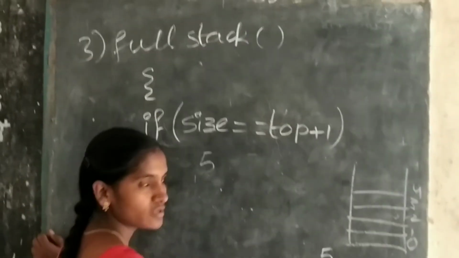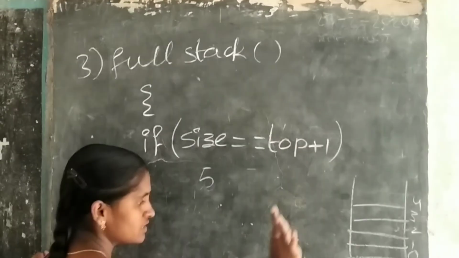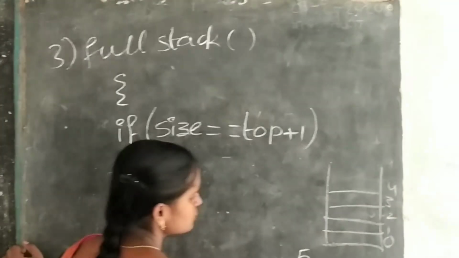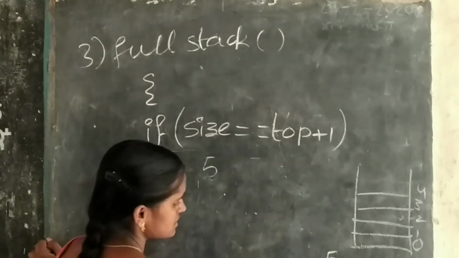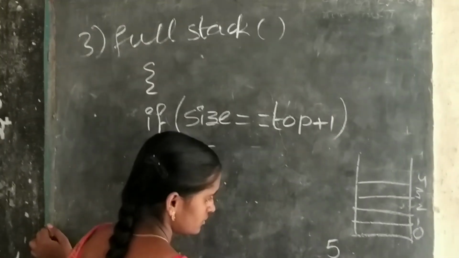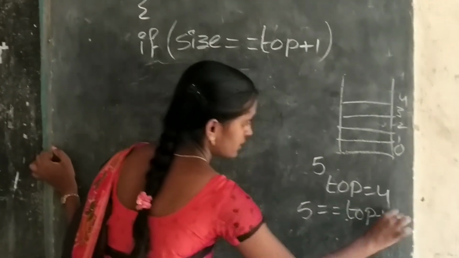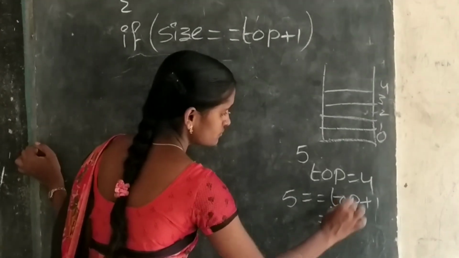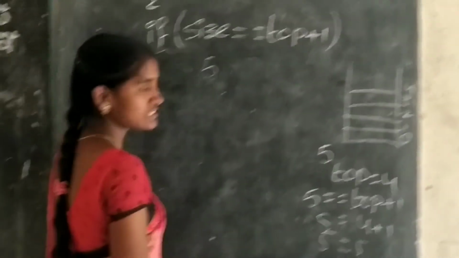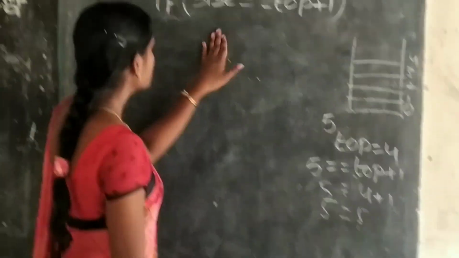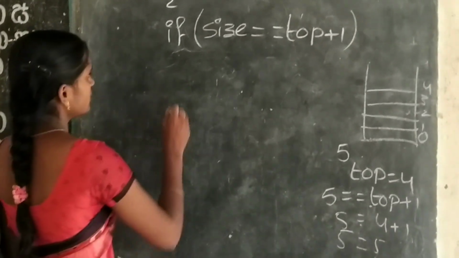Numbers 0 to 4 are considered. Top equal to 4, so top plus 1 equals 5. We check the condition 5 equal to top plus 1. What is top? It is 4, and 4 plus 1 equals 5. Whenever 5 equals 5, size equals top plus 1, the condition is true. That means the stack is full.